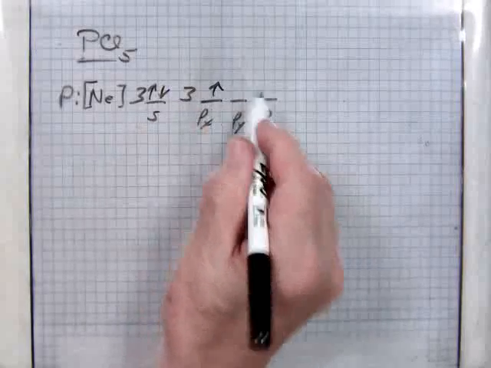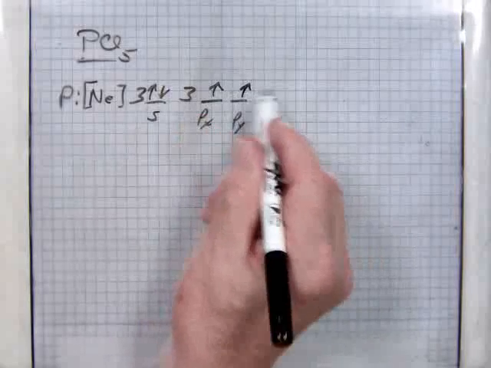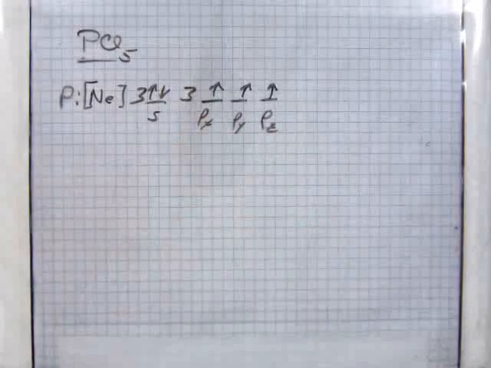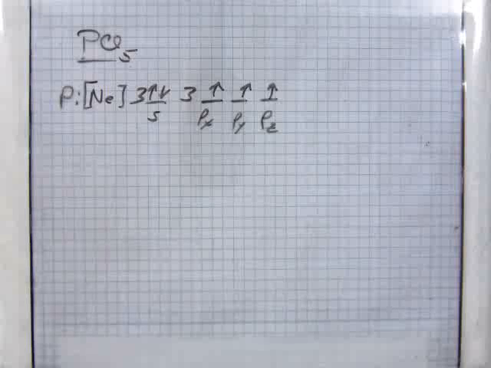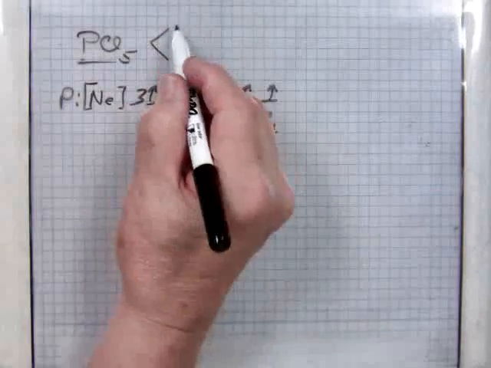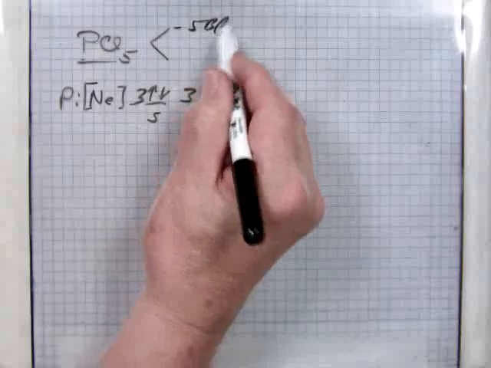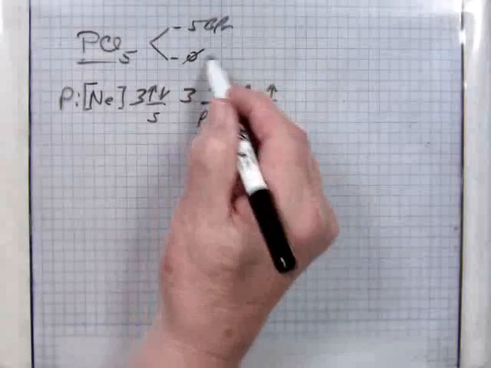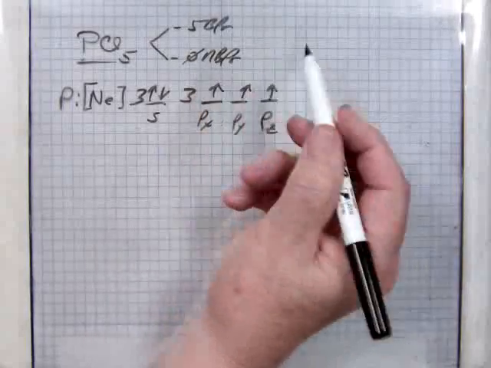Paramagnetic, and then diamagnetic, paramagnetic. So there's your valence shell for phosphorus. We found, using the VSEPR theory, 5 bonded pairs and 0 non-bonded pairs, which says I have to have 5 hybrids.